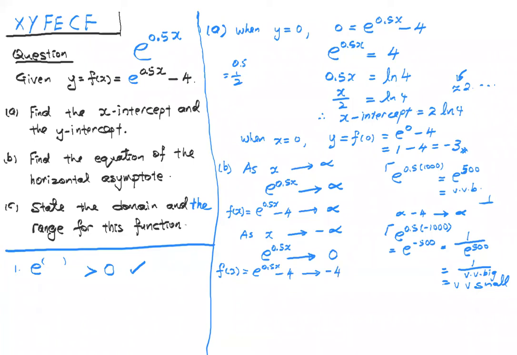Since here is take away, you take away 4 from something. So that means -4 is the lowest value. The rest of the values will be more than -4. So this is our lower limit.